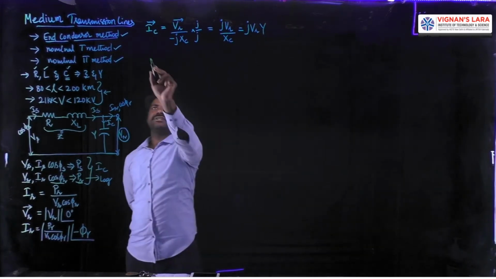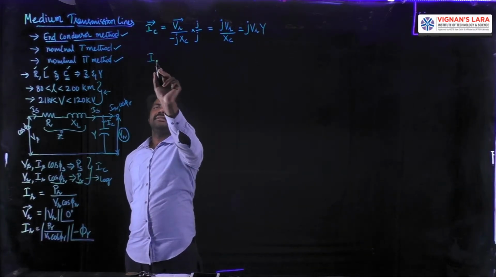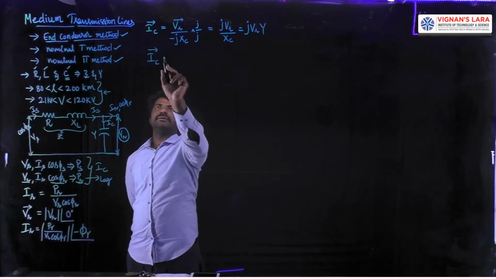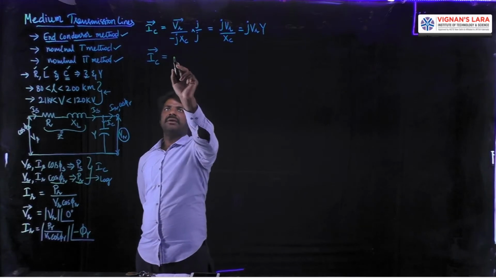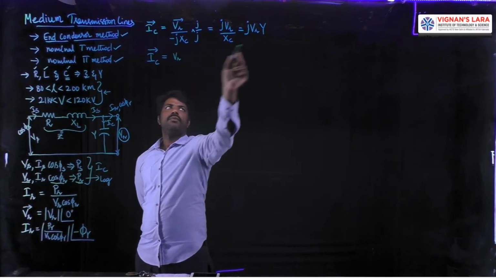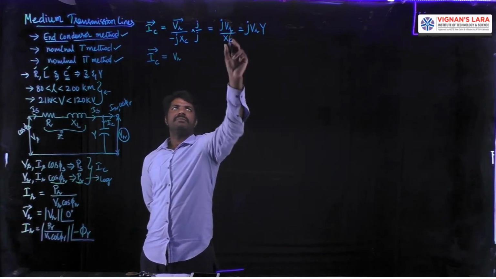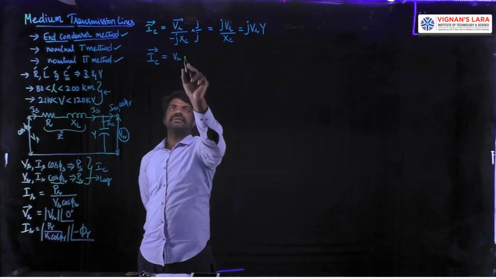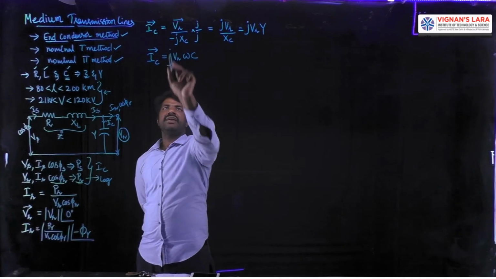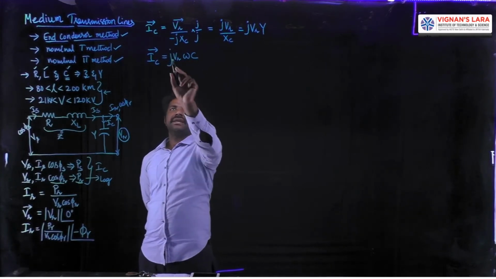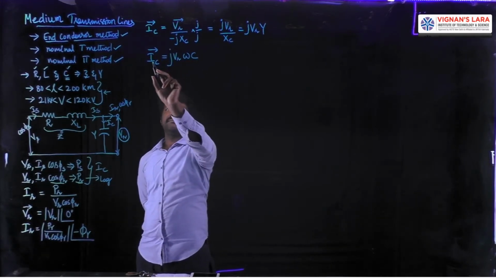For further expansion, I can write the same thing as the charging current IC with reference to a voltage of VR as VR times Y. Y is nothing but 1 by XC. 1 by XC value is omega C. Thereby its value is JVR omega C. Plus J indicates that it is a leading quantity by 90 degrees.